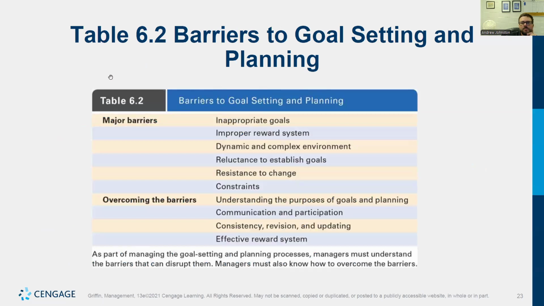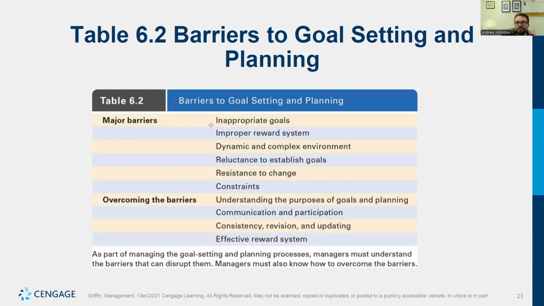So what are some of the barriers to setting goals and effective planning? Major barriers would include bad goals or inappropriate goals. If we are a small mom and pop retailer and we set a strategic goal to be the largest global retailer in 5 years, that's probably an inappropriate goal.